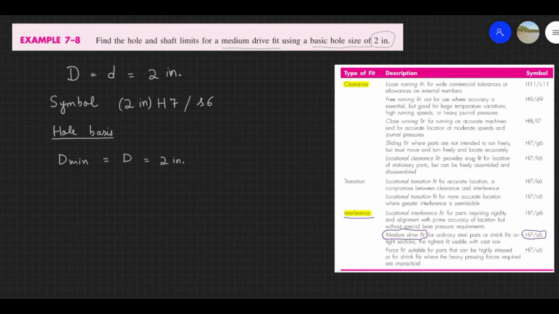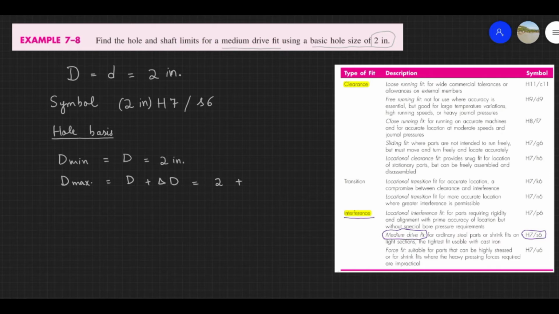For D maximum, we simply need to add the tolerance to this minimum value. So D maximum would be D plus delta D. Since D is 2 inches, plus now we need to find out delta D, or the tolerance value for the hole here.